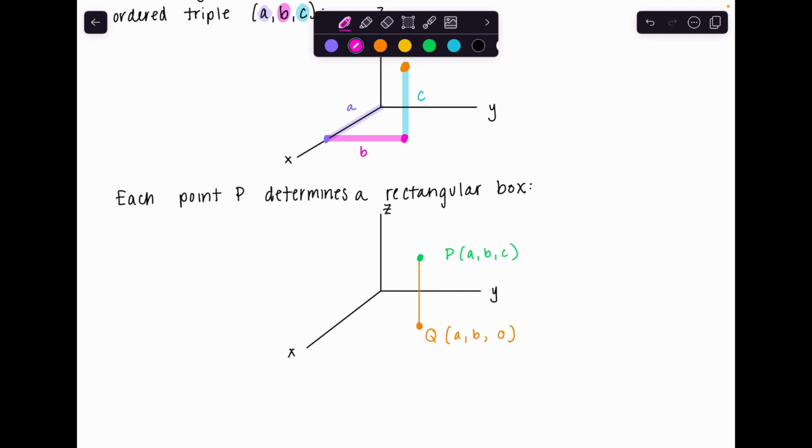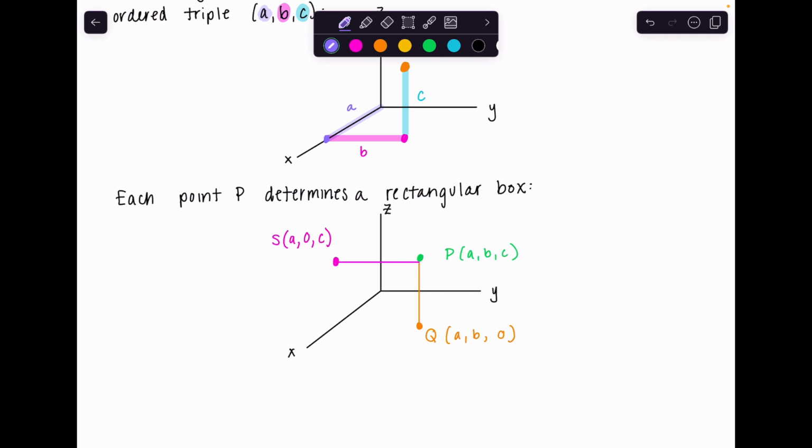Then I can form another point by dropping it to the XZ plane. So this point here, let's call it S. And if I'm in the XZ plane, that means my Y coordinate is equal to 0. So we're not touching anything else except we're changing the Y coordinate to drop it down to be perpendicular.